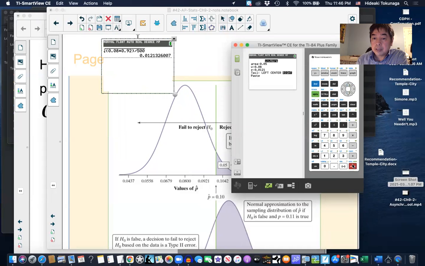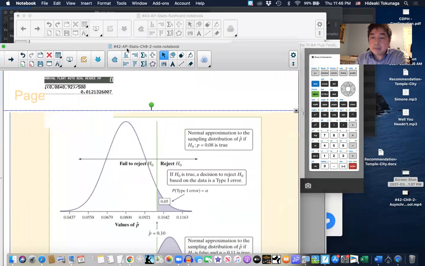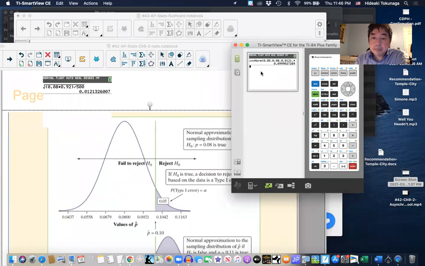Enter. Paste. The cutoff line is 0.099. So we assume this cutoff line is 0.10. Okay, so let me bring this window.